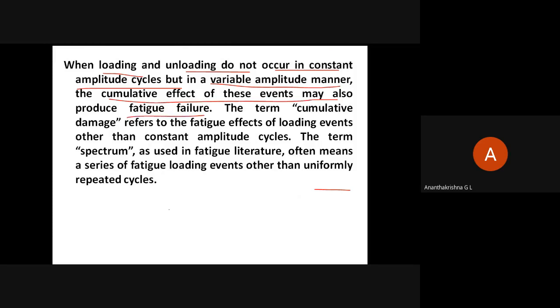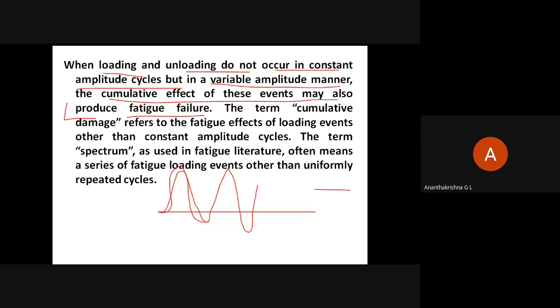That is, during loading the amplitude may be high, and during unloading the amplitude may be less, and again more amplitude, and then less amplitude during unloading. Like this, if the components are subjected to variable loading, this may also produce fatigue failure. Sometimes the amplitude will be so high that resonance will be achieved, and then the component will fail because of resonance. That is how it will contribute to fatigue failure.